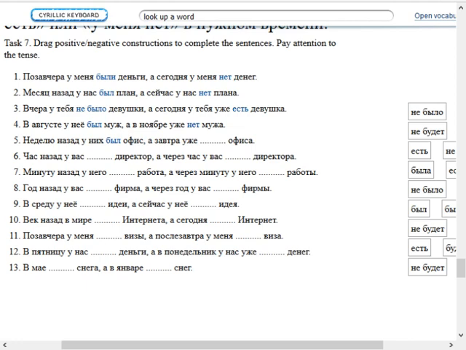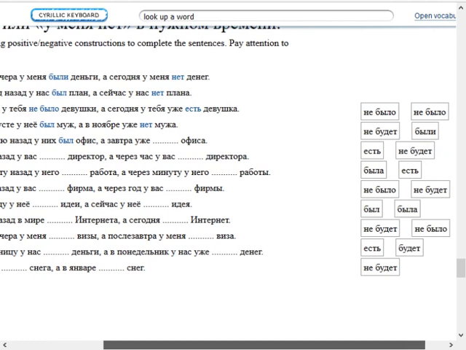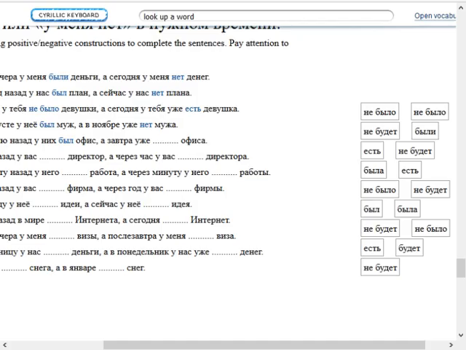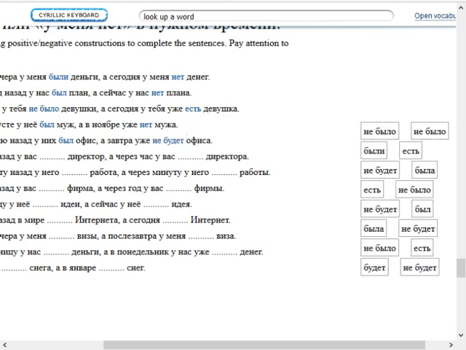А завтра уже, but tomorrow already, that's future tense. So then it will be не будет because it's third person singular. The office is one office and it's a third person object. So завтра уже не будет офиса.